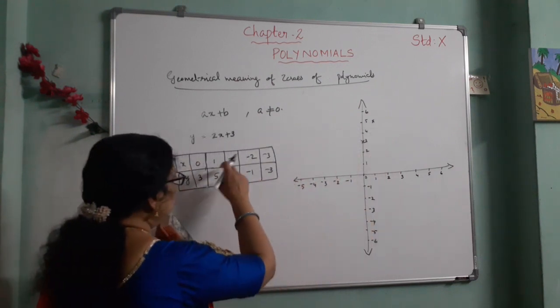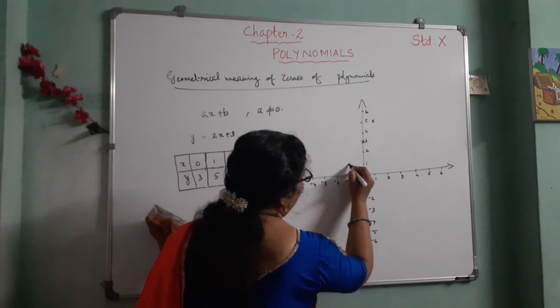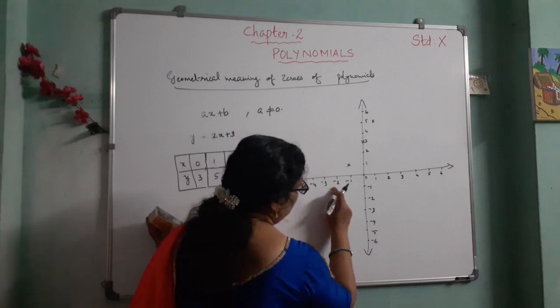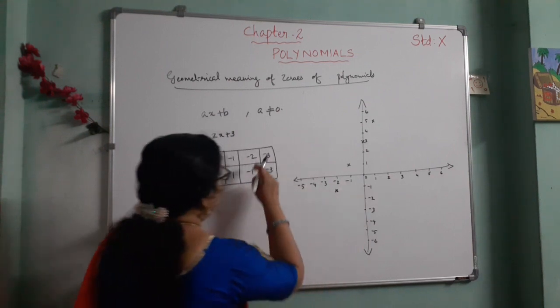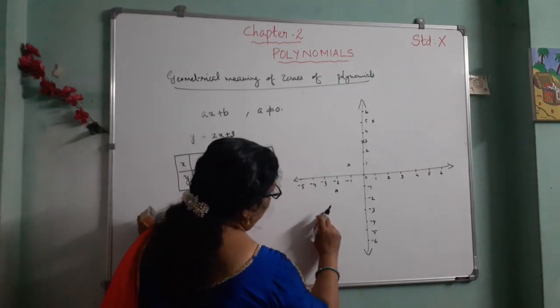And then minus 1, 1 is the point here. Then minus 2, minus 1 is this point. Then minus 3, minus 3 is the point here.